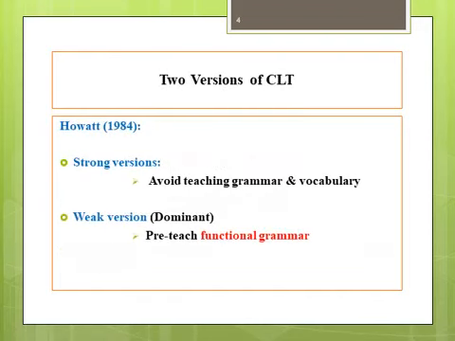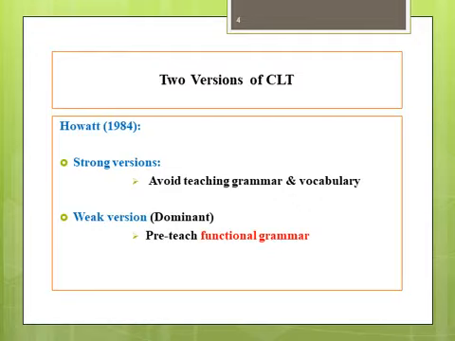According to Howatt, we can identify two versions of communicative language teaching, a strong version and a weak version. The strong version claims that language is learned by using it, thus contending that intensive exposure and willingness to use the language are two factors that enhance language learning.